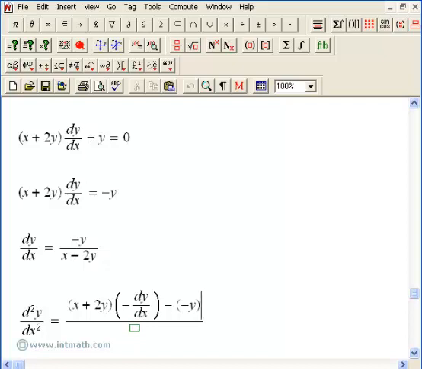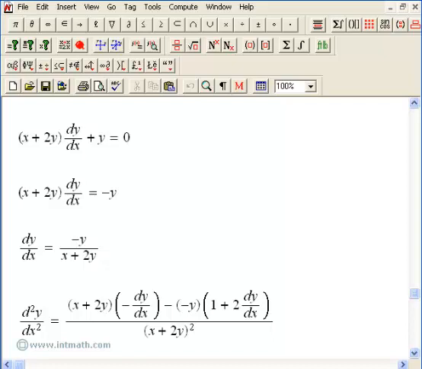So derivative of bottom is going to be 1, because the derivative of x is 1, plus 2 dy/dx. Then, all over the bottom squared, so we just write x plus 2y squared.